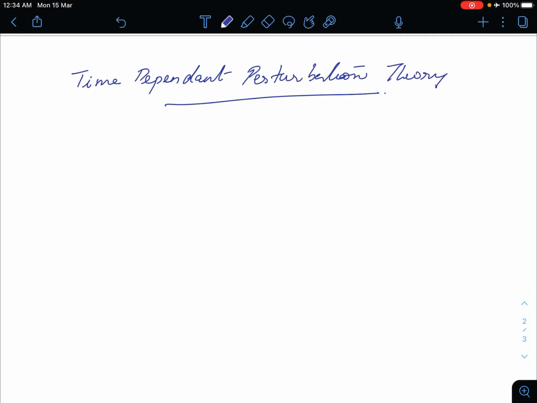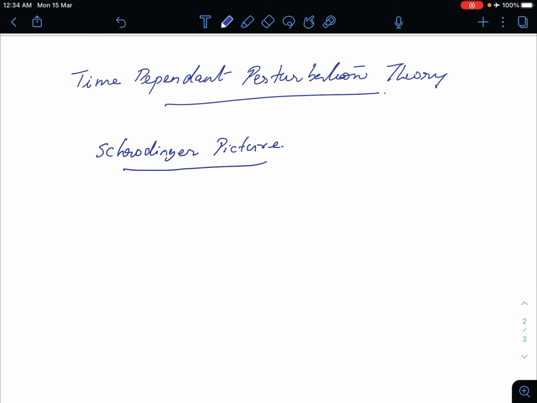So in quantum mechanics, as you have studied so far, we use three different pictures, or rather formalisms. The one familiar one is the Schrodinger picture.